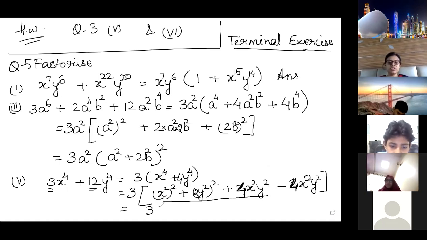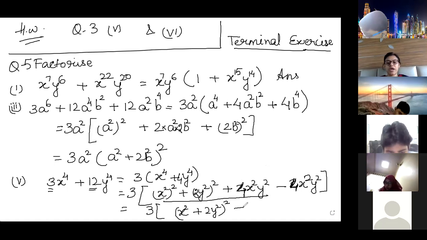So here it is outside the bracket, 3 times x square plus 2y square whole square minus 4x square y square. Now it can be further factorized.